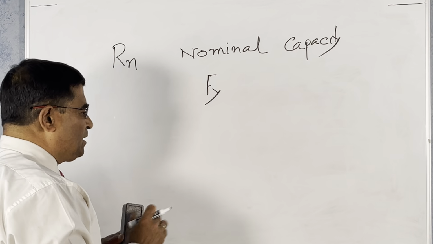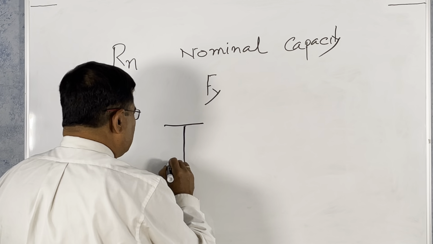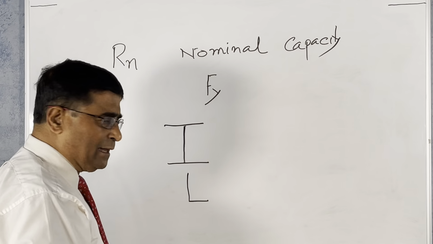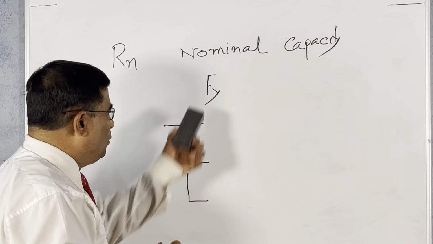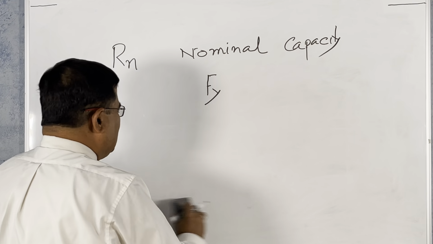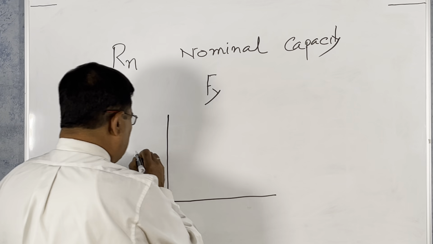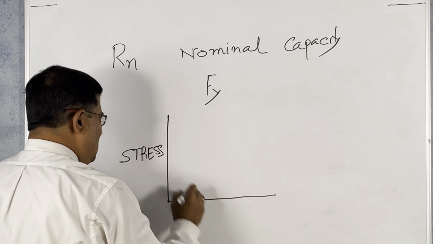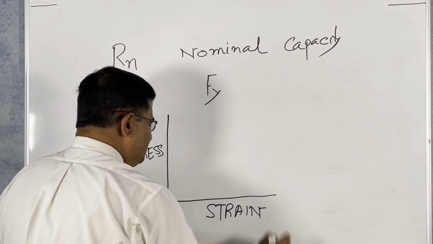And in structural steel also, structural steel means if you use beams or angle sections, these are structural steel members, rolled steel, or you can use the plate girder also. They are structural steel. It has only one yield stress, Fy. But what is yield stress? You probably know the stress-strain curve, you might have seen it in your classroom.